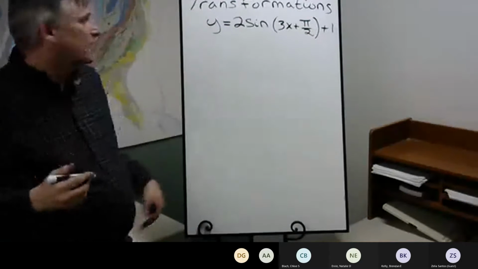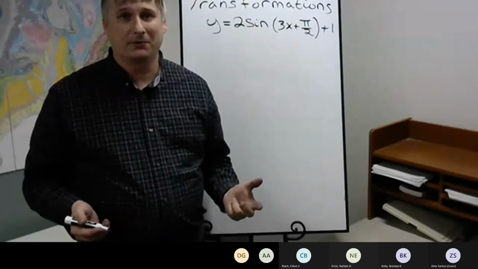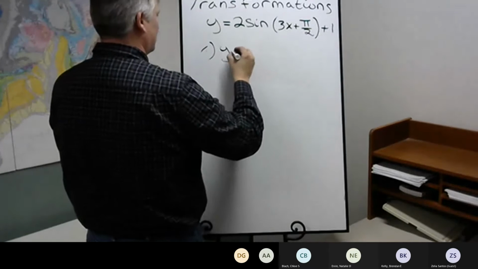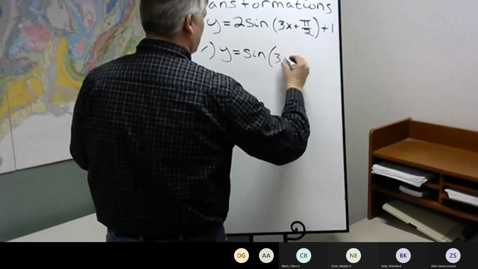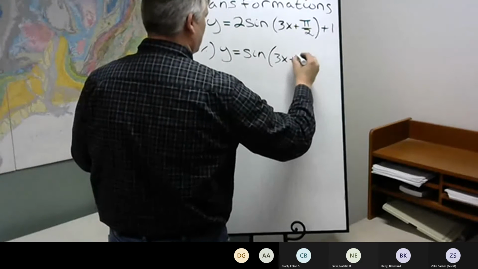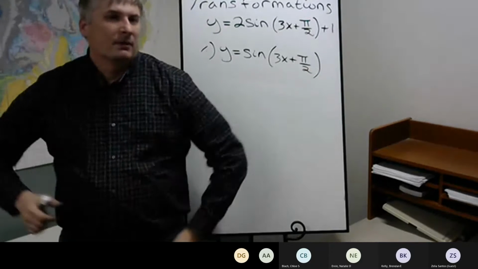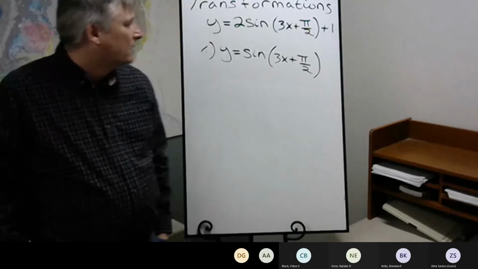What I'm going to do first is I'm just going to graph sine of whatever's on the inside of the parentheses. So here's the idea. I'm going to just graph one period of this function.